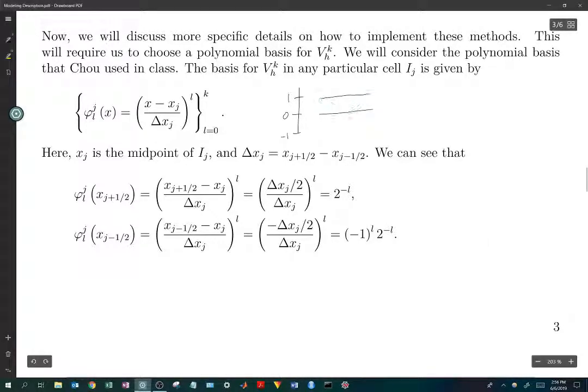So if this is 1, then the linear function is going to look like this. Quadratic is going to look like this or something. It's going to be pretty narrow. But in any case, you can solve for what phi L is going to be at each endpoint.